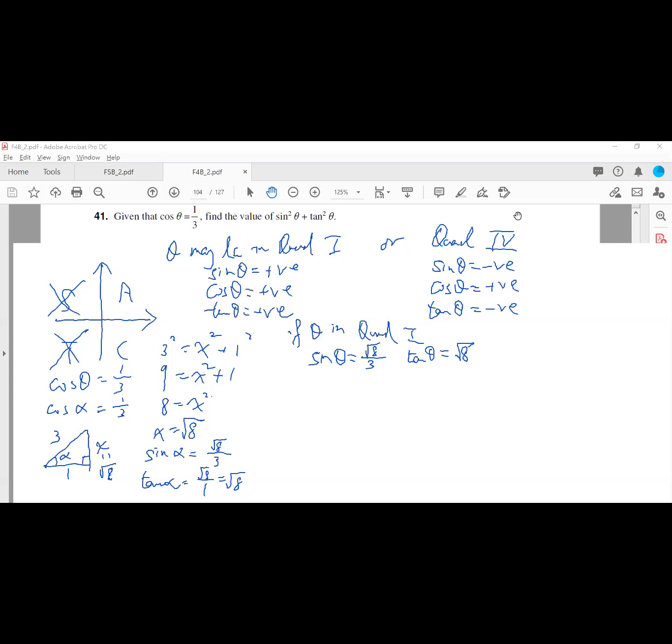Okay, but the question asks us to find sine squared theta plus tangent squared theta. So it is equal to square root of 8/3 squared plus square root of 8 squared. And then you just use the calculator. It should be equal to, let me see.